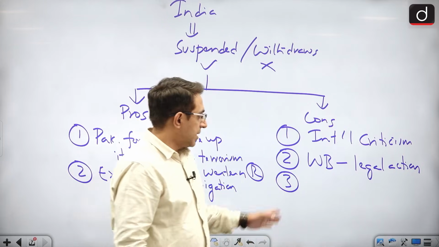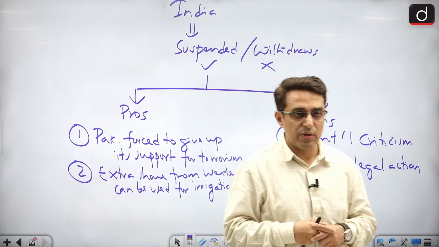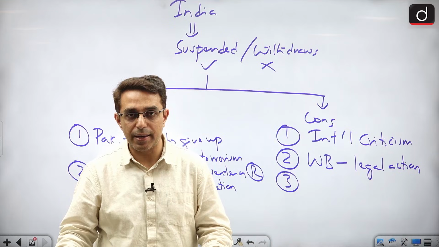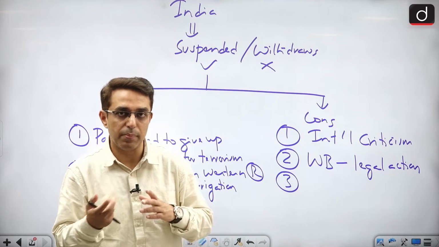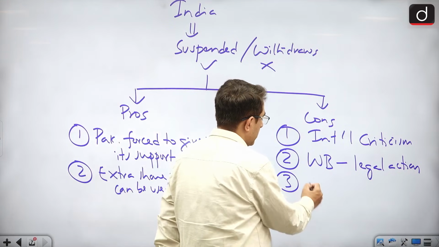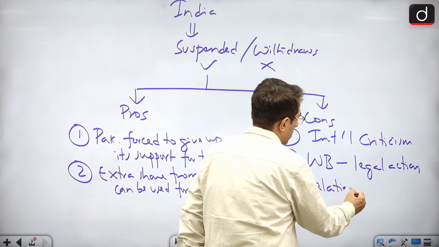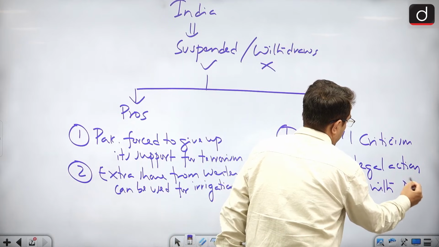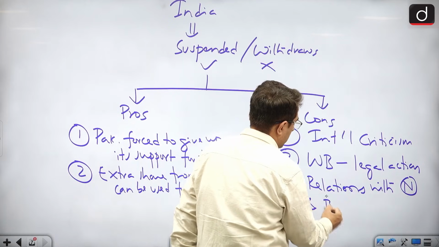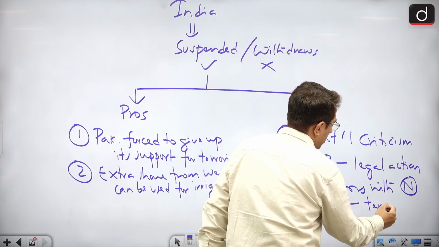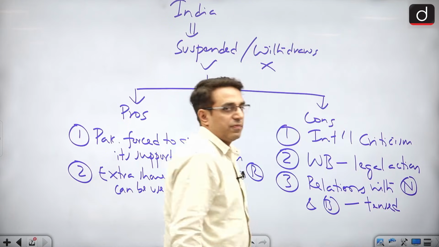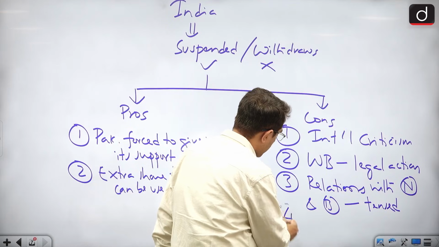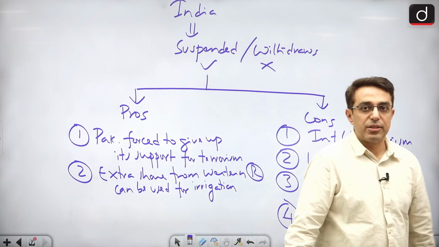Another point we can say that if we do this with Pakistan, other countries with which we have water sharing agreement in the region, such as Nepal and Bangladesh, so relations with them can also become tense. Okay.